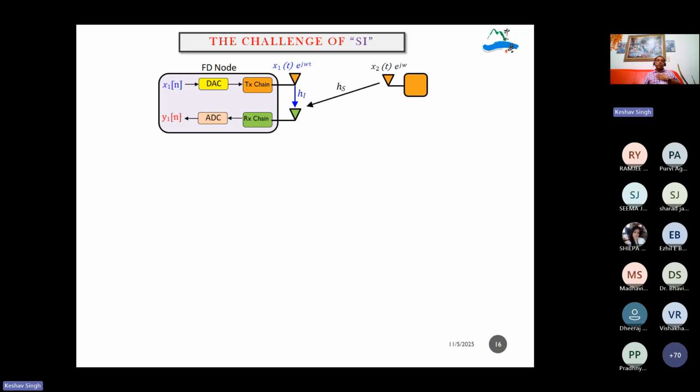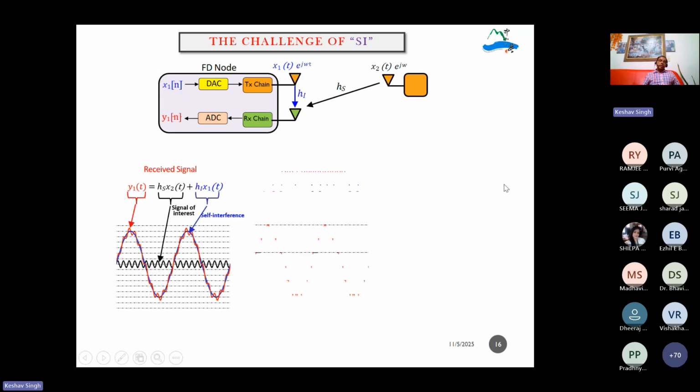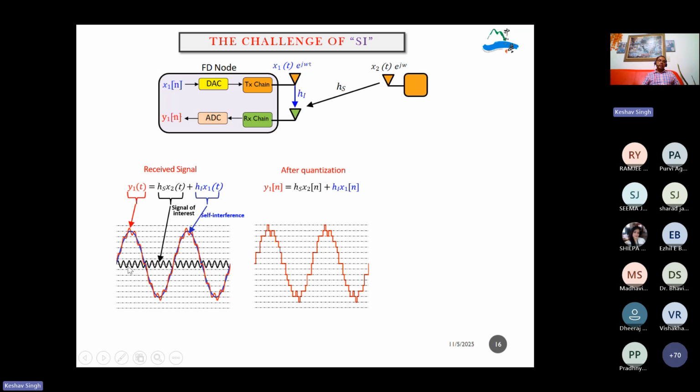Now, the challenges of this SI. Here we have the transmitted signal and the received signal. YT is the received signal, and HS is the signal transmitted from this node, which is the self interference.